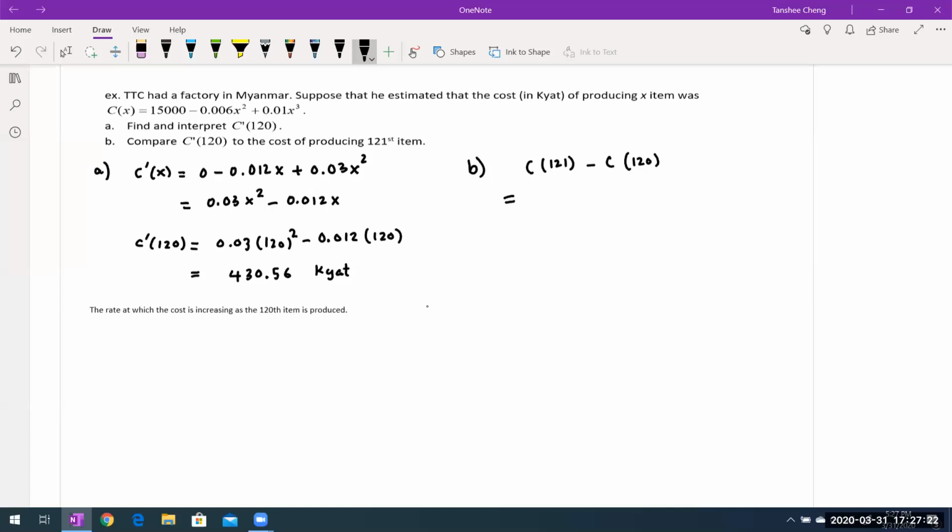When I plug 121 into the cost function, this is the value I got, 326,27.764. Minus, when I plug in 120 into the cost function, this gives me 321,93.6. And when I subtract these two, that gives me 434.14 kyat.